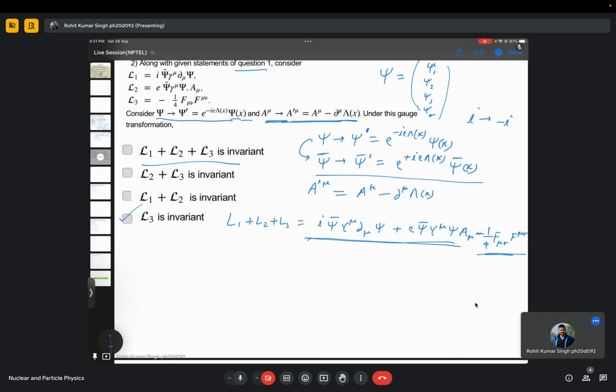So then let's write L1 prime plus L2 prime, and this will be i psi bar prime gamma mu del mu psi prime plus e psi bar prime gamma mu psi prime A mu prime.